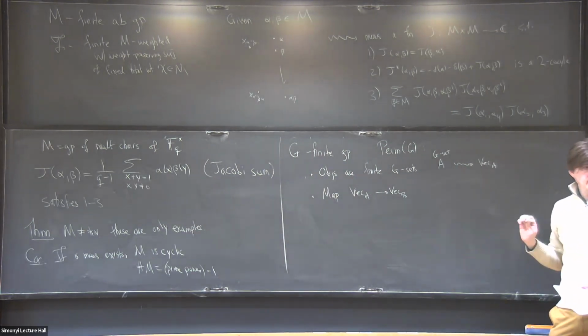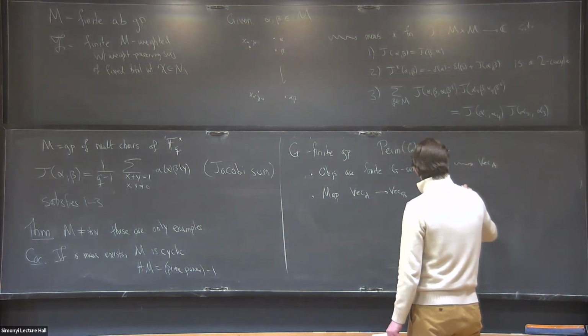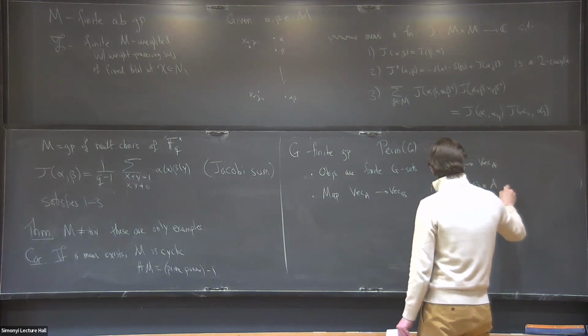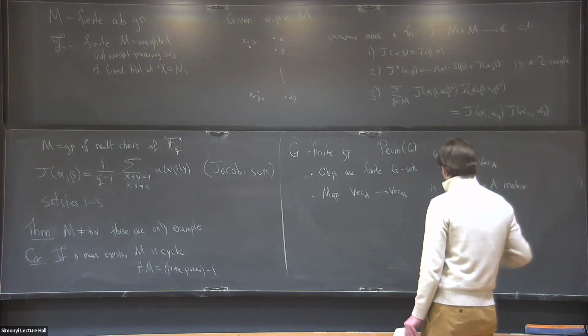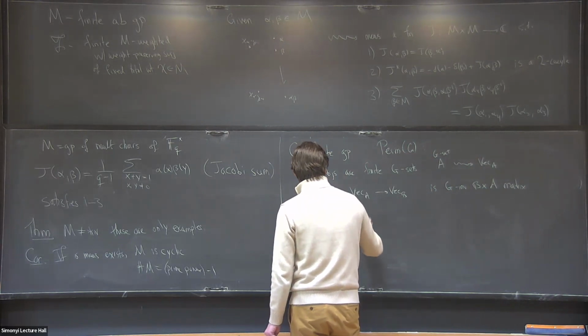So there should be a B by A matrix. And we want it to be a map of representations, which means it should be invariant. This is a G invariant B by A matrix. And then finally, composition is just matrix multiplication.